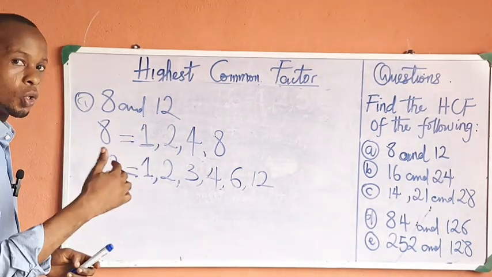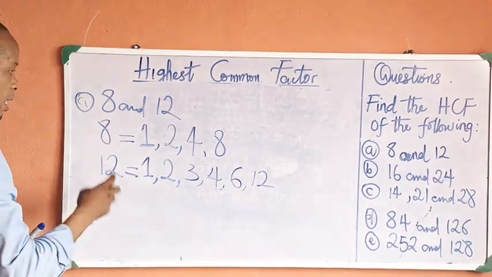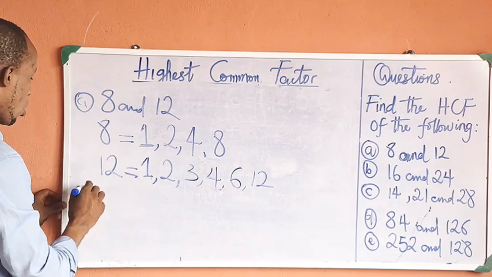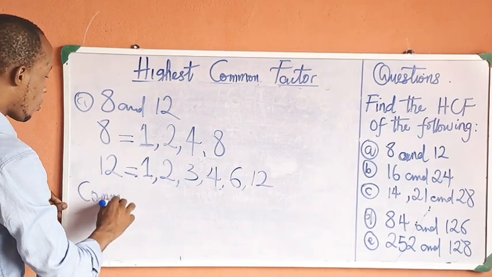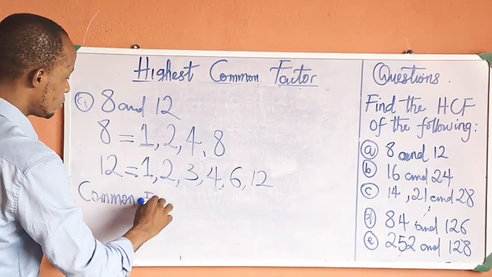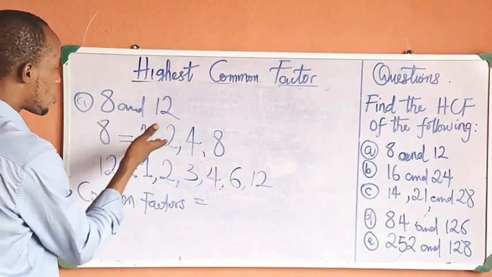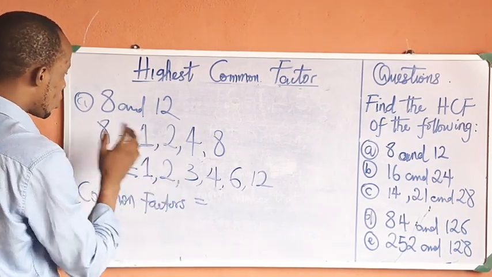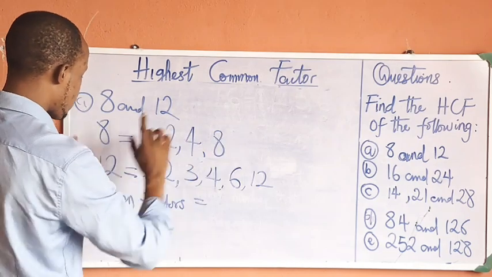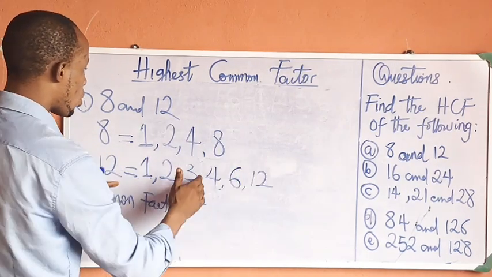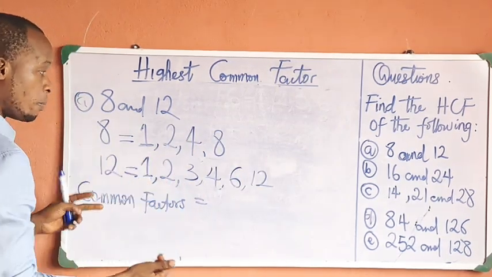What are we supposed to look for next? The next step will be to look for the common factors. The common factors are those factors that are common. When you look through the factors of 8 and the factors of 12, what are the numbers here that are common?